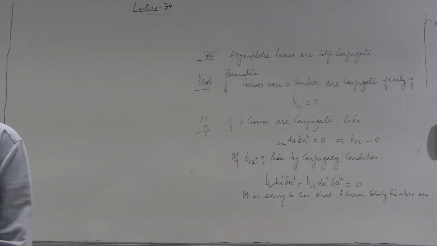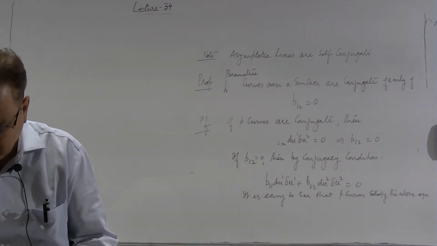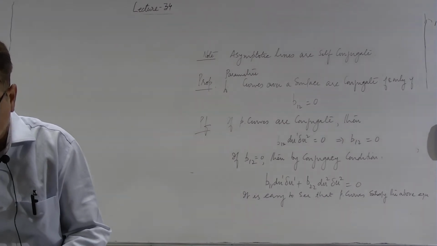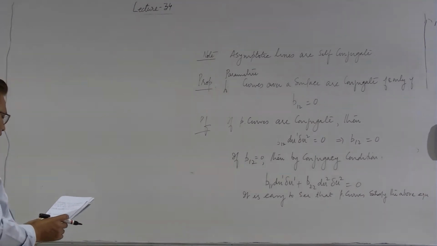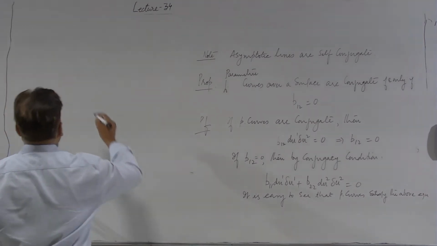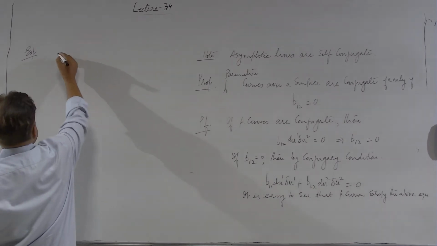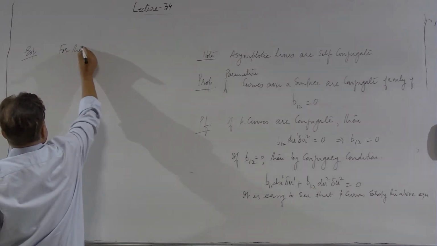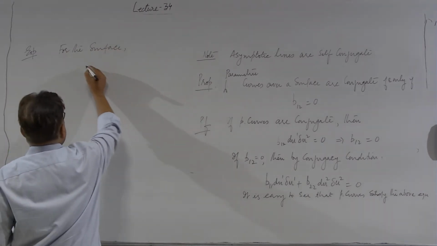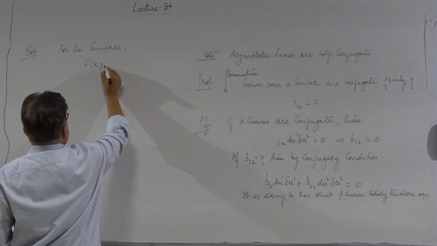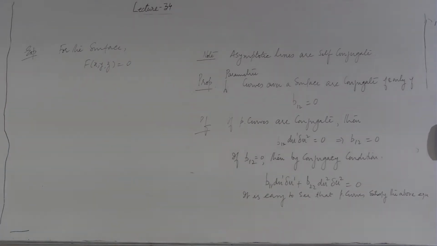So, we will see how we can think of the asymptotic lines, conjugate direction, etc. For other surfaces, I discussed one example, but for a surface which is in the implicit form, the question is what will be the asymptotic lines, etc. So, this is one of the examples that I will be doing: for the surface given in implicit form f(x, y, z) equal to 0, find the asymptotic lines, etc.